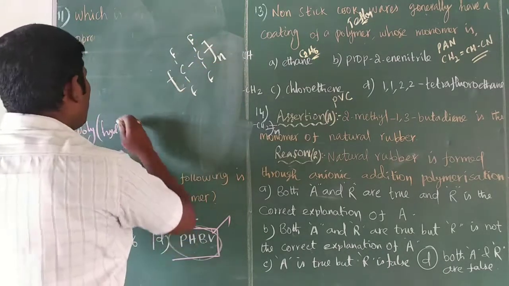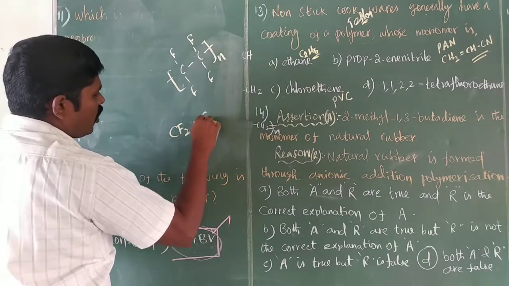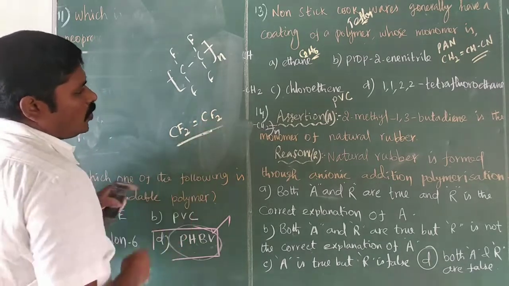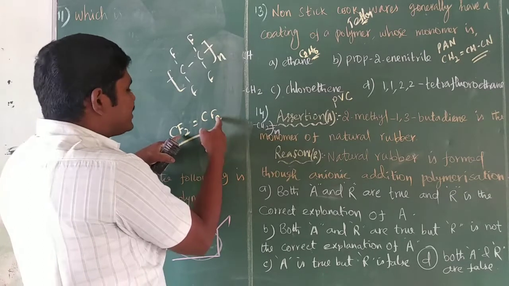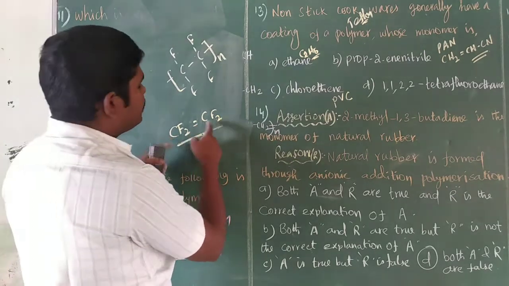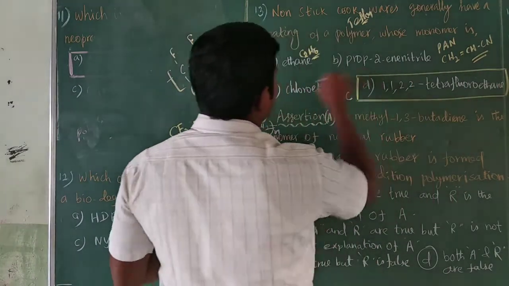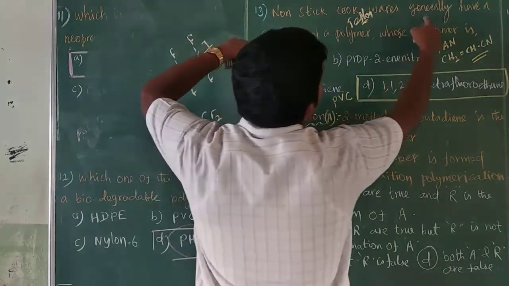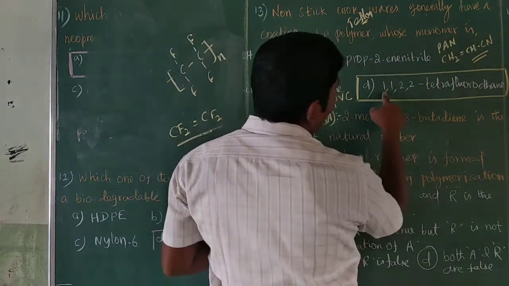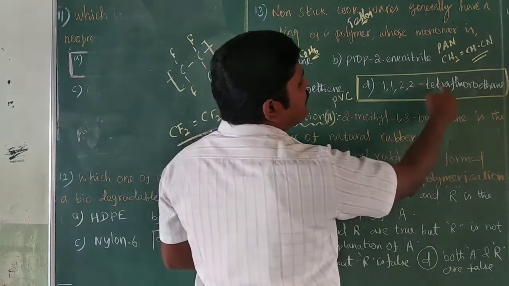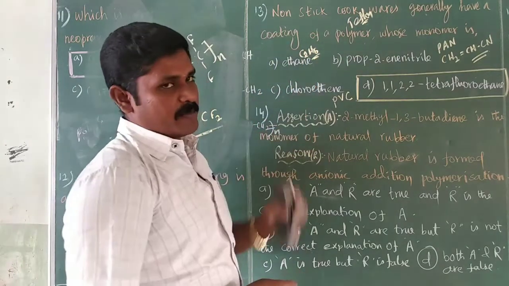The monomer of Teflon is CF2 double bond CF2, tetrafluoroethene. So non-stick cookware generally has a coating of a polymer whose monomer is 1,1,2,2-tetrafluoroethene.